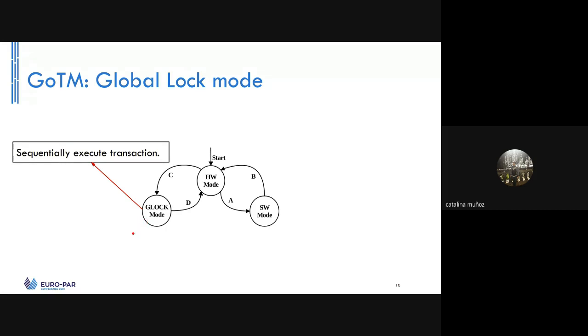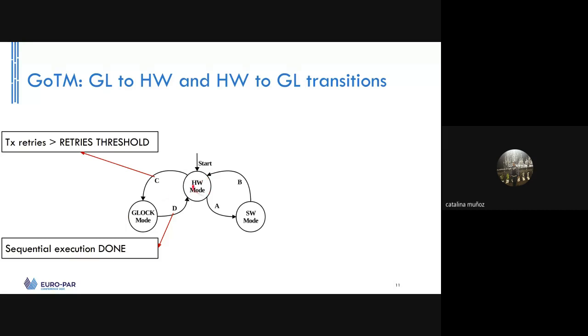So what happens is, if I'm executing in hardware mode and there is a transaction that keeps aborting because of conflict, and after a number of retries it cannot commit, then I issue transition C to global lock, and that transaction takes a global lock and performs a sequential execution. And once this transaction sequentially executes and it's done, then I immediately issue transition D back to hardware mode.